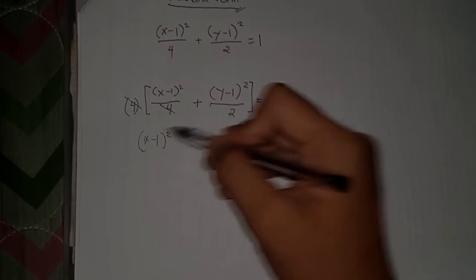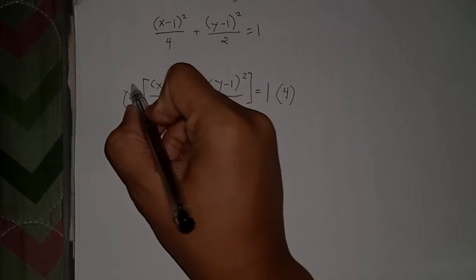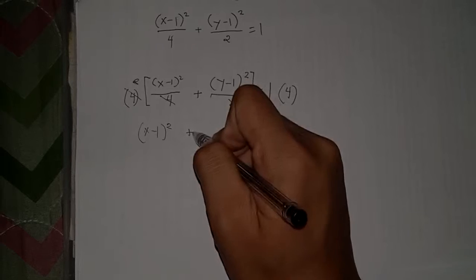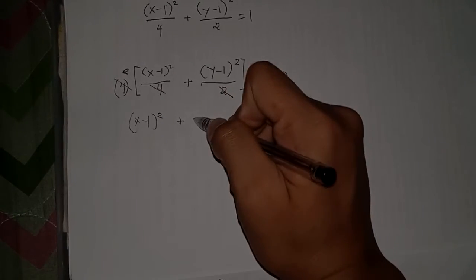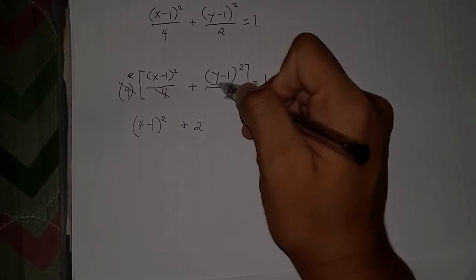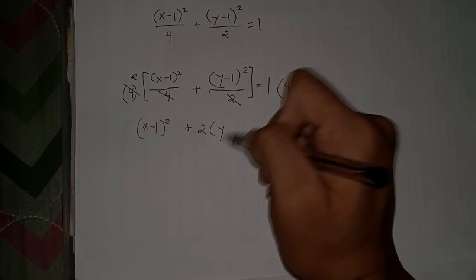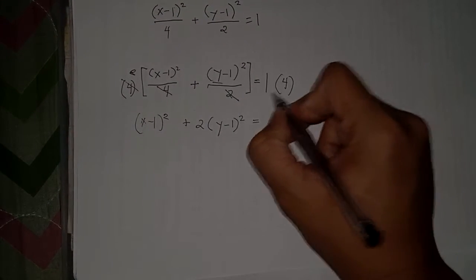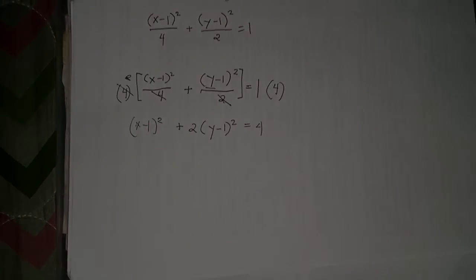And 4 divided by 2 is 2, so this will become 2 times y minus 1 squared, equals 4 times 1, which is 4.